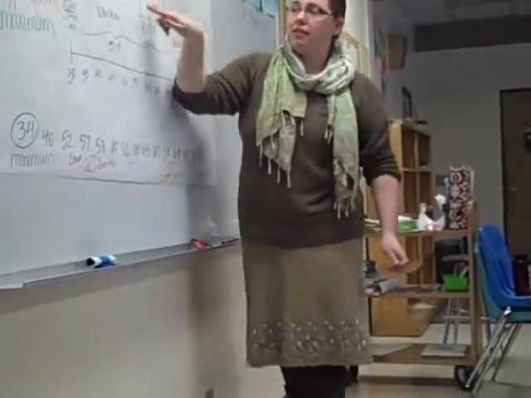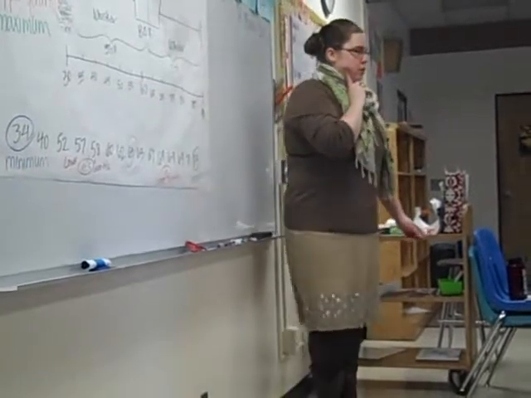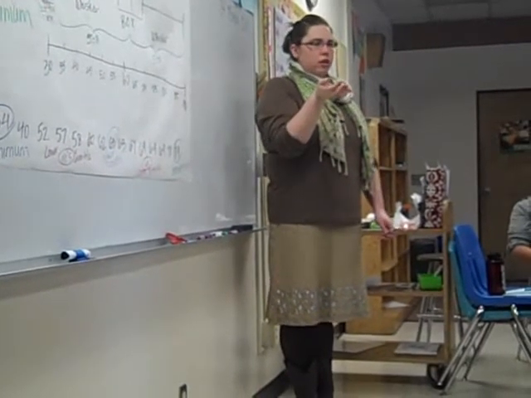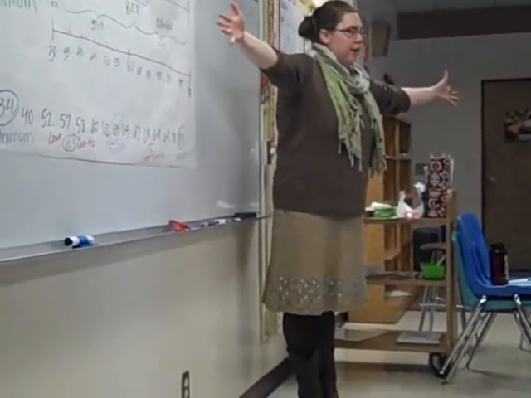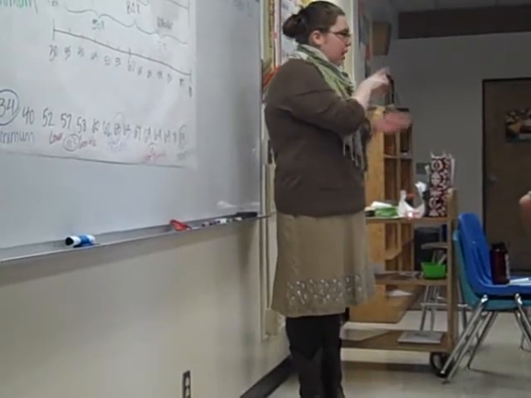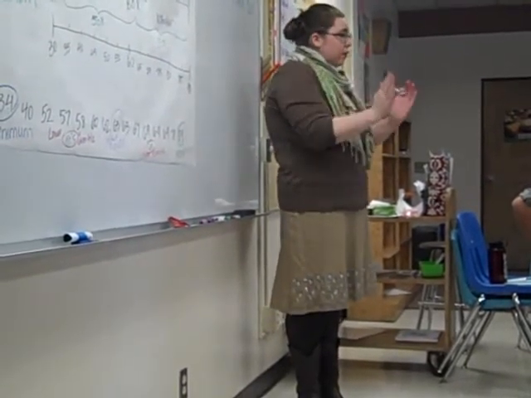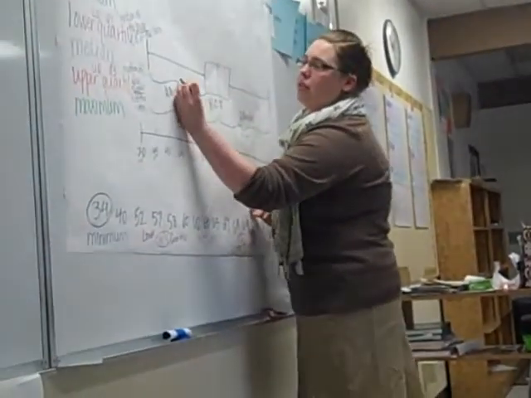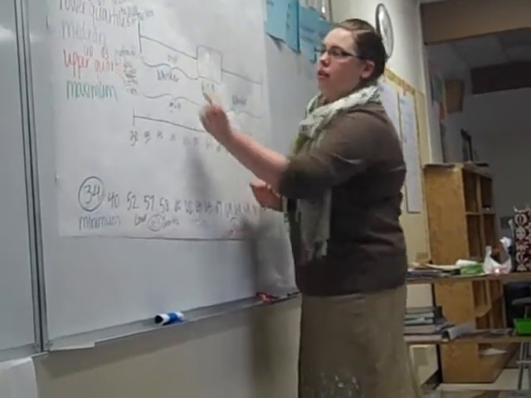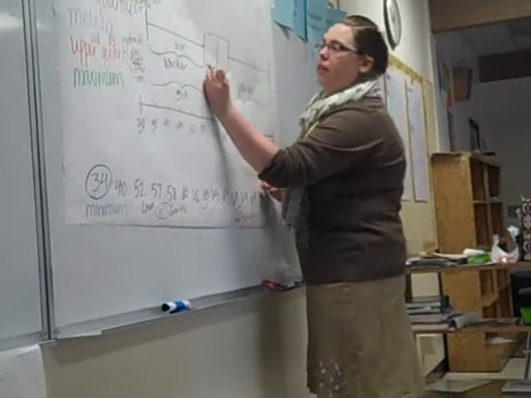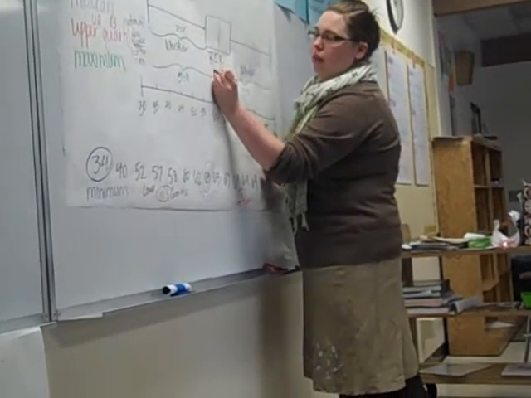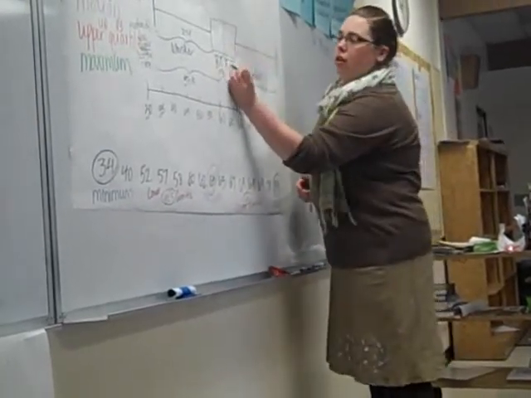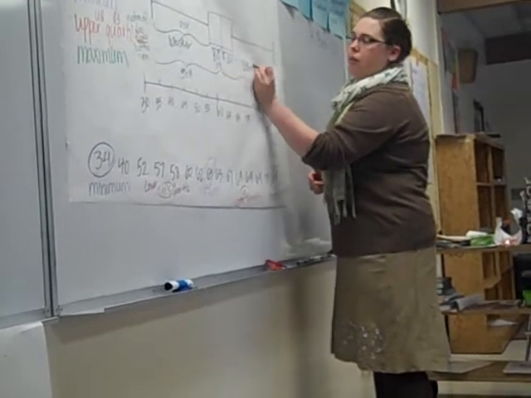So each of those pieces is what percent of the data? 25. So the whole thing is 100%, right? And then each of the 4 pieces, even though they're different sizes, they still represent a quarter of the data. So this part is 25%. So then this part, in order to make the whole thing 50, this has to be 25%. Same thing on the other side of the median. 25% here, and 25% here.